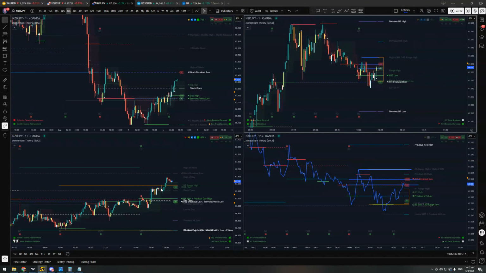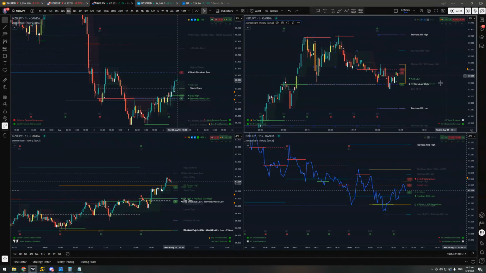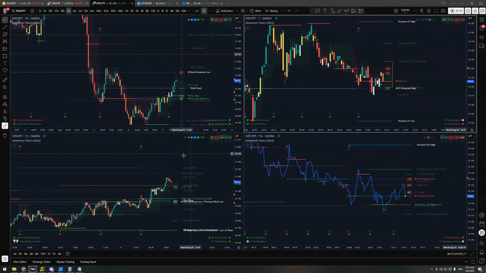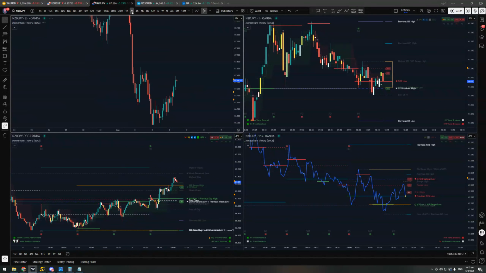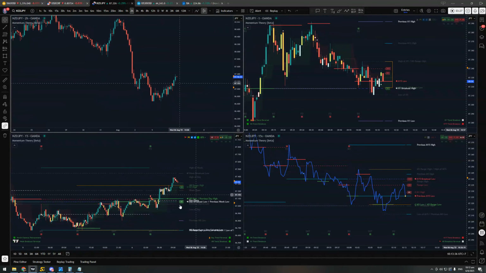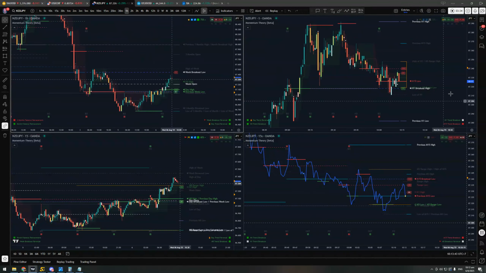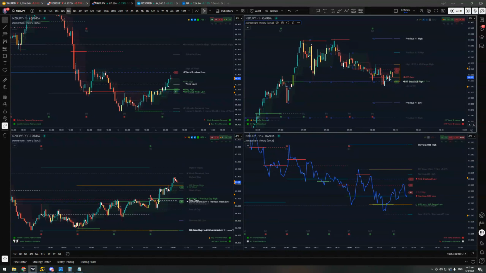And let's see. M5 range. Okay, so if it gets above this level, I'll be looking for a buy up to the previous H1 high.